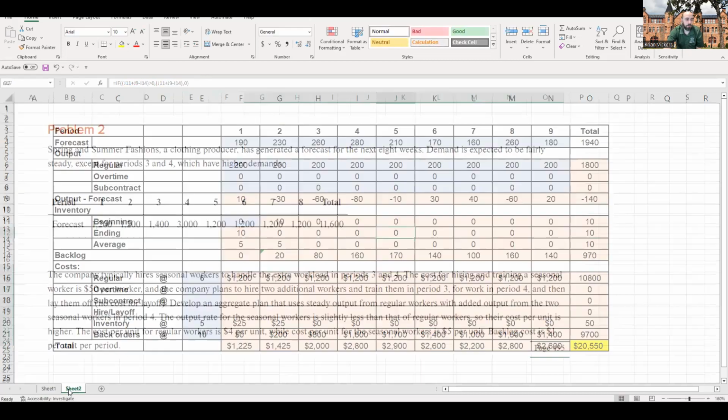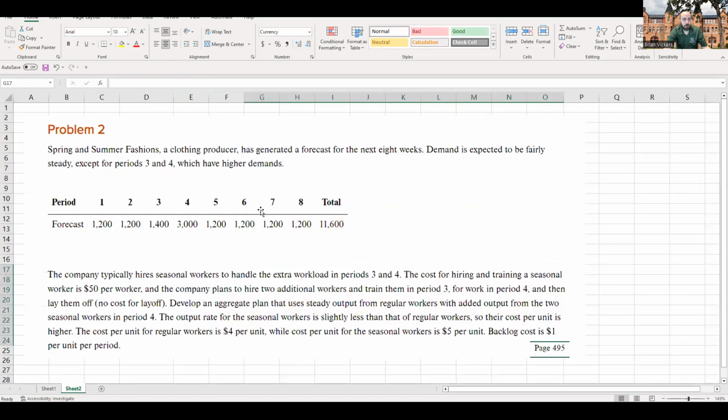Let's look at one more problem. Similar type of problem. This one, you've got seasonal workers. So you have a forecast of varying amount, but period 4 and period 3, you've got more than 1,200 a month. So this one, we want to do level production every period, but for periods 3 and 4, we've got to hire 2 extra workers.